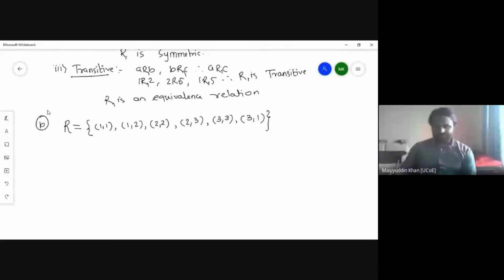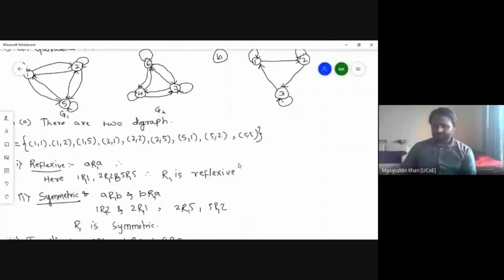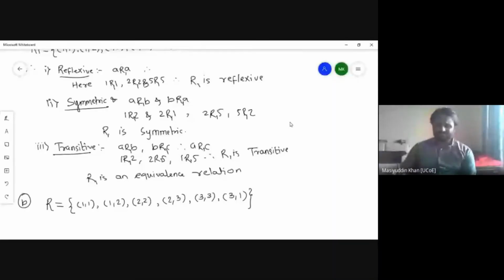One more time we have to check. 1 to 1, 2 to 2, 3 to 3, reflexive is present by default, then 1 to 2, 2 to 3, 3 to 1. So we just define whatever relation is given. Now we have to check whether it is reflexive, symmetric, or transitive.